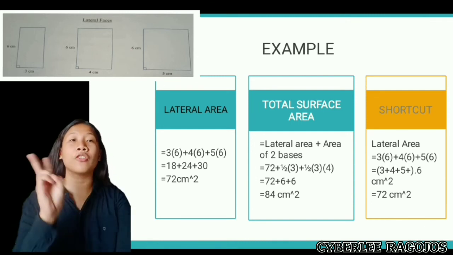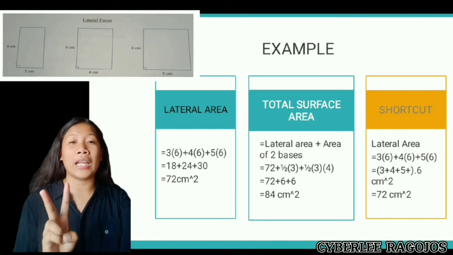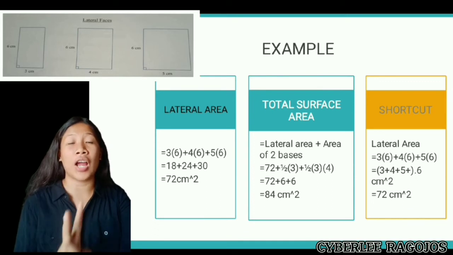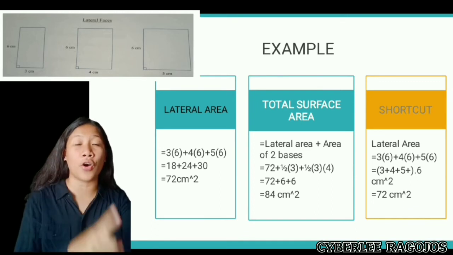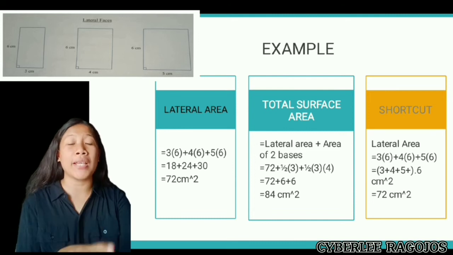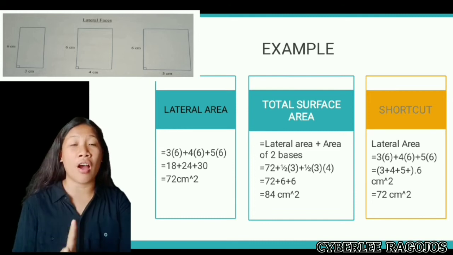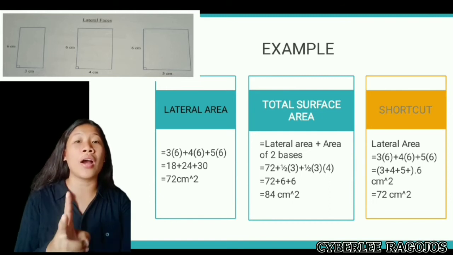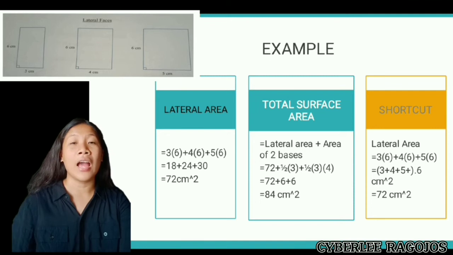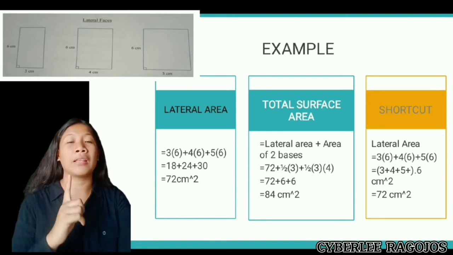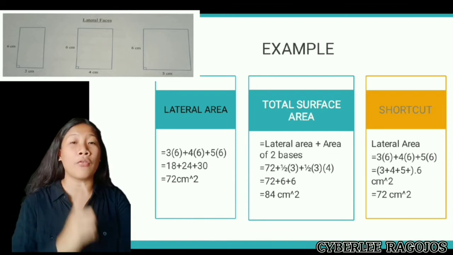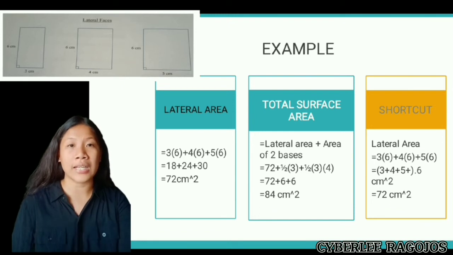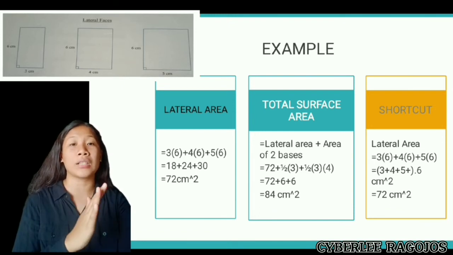So, diba meron tayong dalawang triangle na pinagkuhanan na siyang base niya at yun yung 3 at 4. So, kukunin natin yung base niya at meron siyang 1/2 sa isang base at 1/2 din sa isang base. So, dalawang 1/2 yung ilalagay natin at imumultiply natin sa base na 3 at 4. So, yung 1/2 multiplied by 3 and multiplied by 4 is equals to 6. Ganun din dun sa kabila.